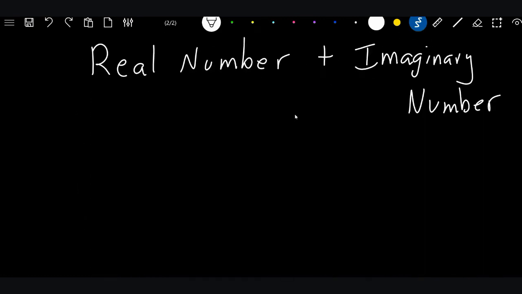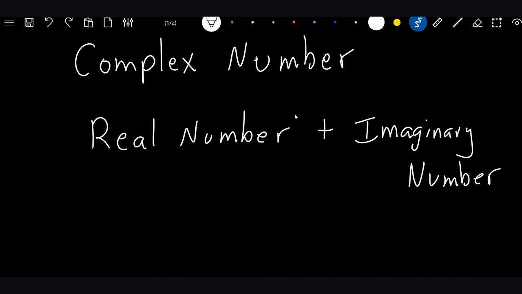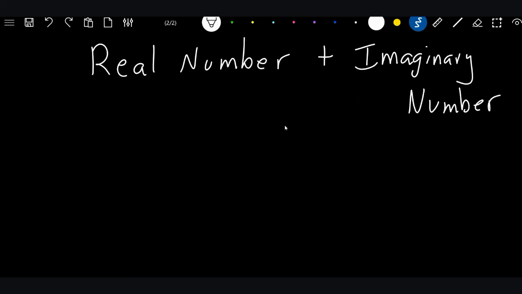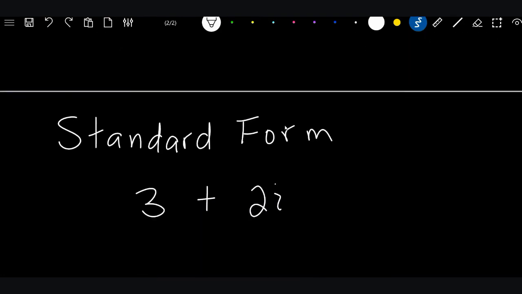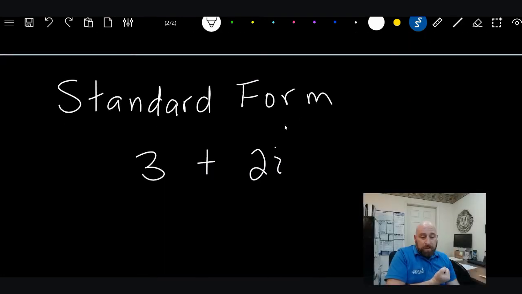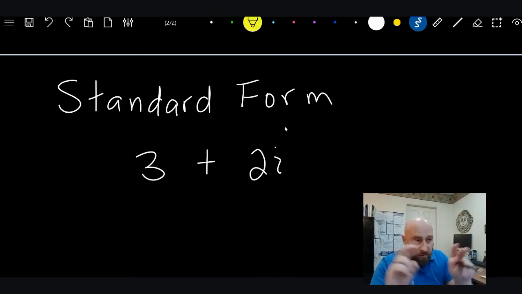And so in our solution, we could have something that is a real number plus an imaginary number. And they call them complex. Well, we have a standard form of complex numbers. And the way that we write this standard form, a standard means everybody does it this way.